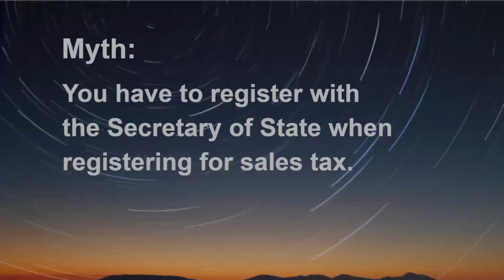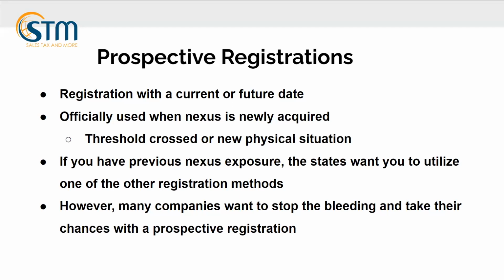Now let's talk about prospective registrations. Very simply, this just means that you're registering with a current date or future date. And maybe that's what you should be doing. Maybe you're about to cross a nexus threshold, or maybe you just crossed a nexus threshold, or maybe you just hired an employee in the state or opened a warehouse in the state.